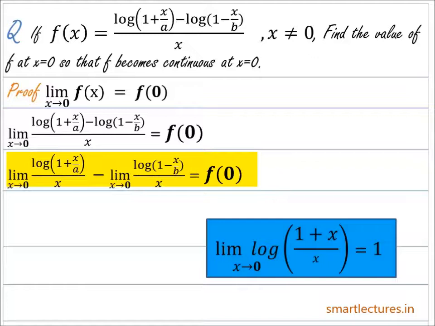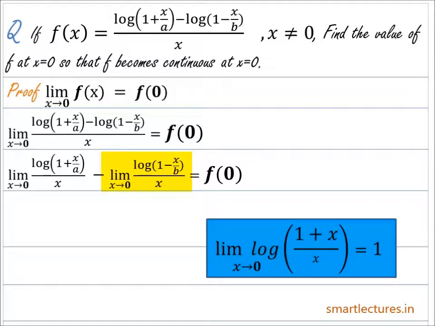So now we shall try to write down this expression in such a form that this property can be applied. In the first part, if we divide the denominator and the numerator by a, and in the second part, if we divide the numerator and denominator by minus b, then that form can be obtained.